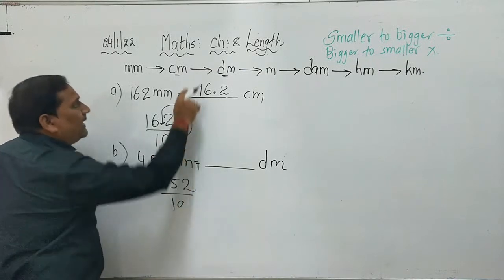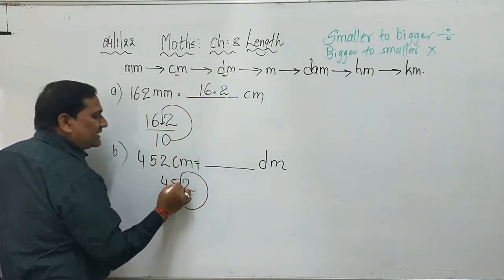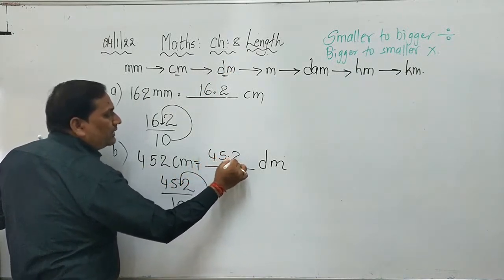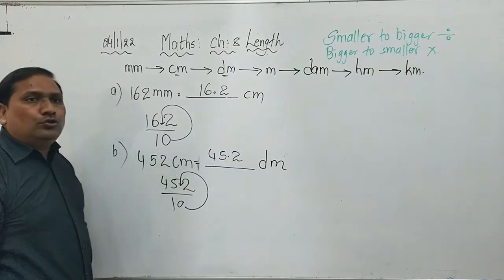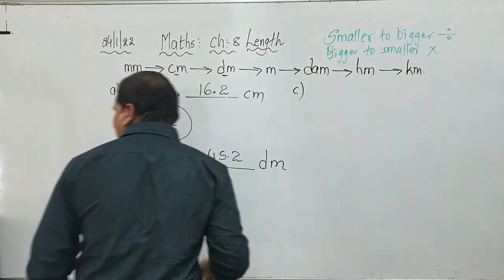Divide by very next unit, so by 10. Again I will skip 1 digit. So my answer will be 45.2 decimeter.